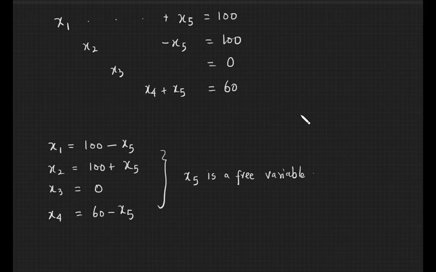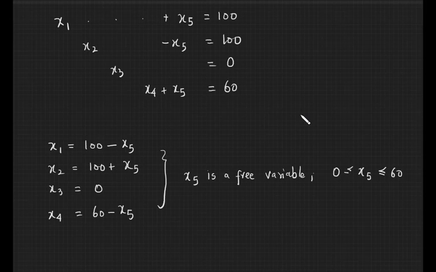How about 100 at x5? That would be 60 minus 100 becomes minus 40. So it means that the number should be 60 or less than 60. Hence the value of x5 should be less than or equal to 60 and greater than or equal to 0.